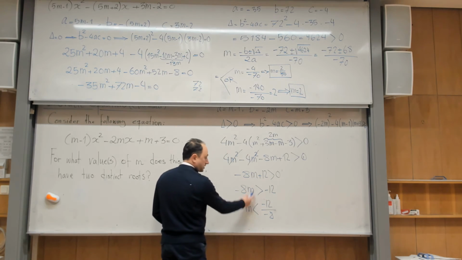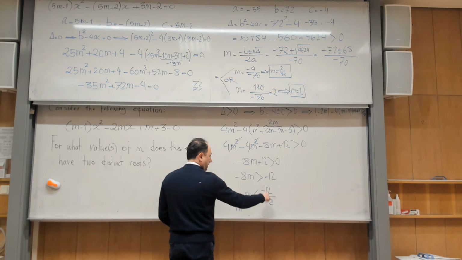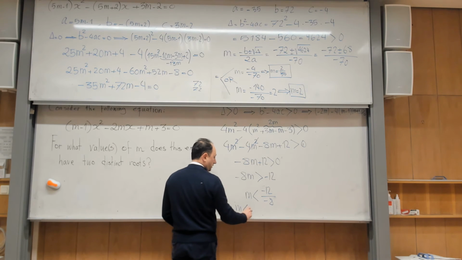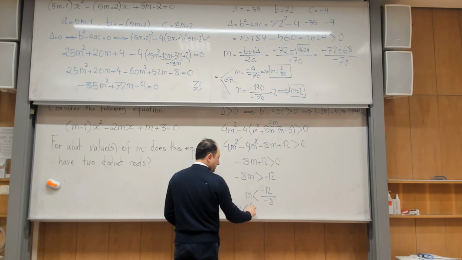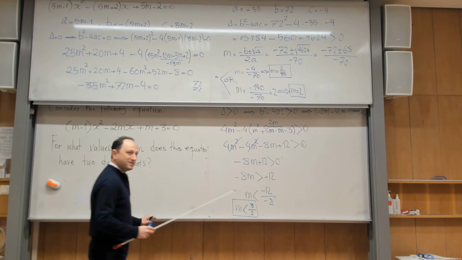I flip the sign, and I always simplify this. Negative and negative signs are gone. I can simplify everything by 4, so it becomes 6 divided by 4, which is 3 divided by 2. Was this your answer? Yes. Okay, so let us interpret this.